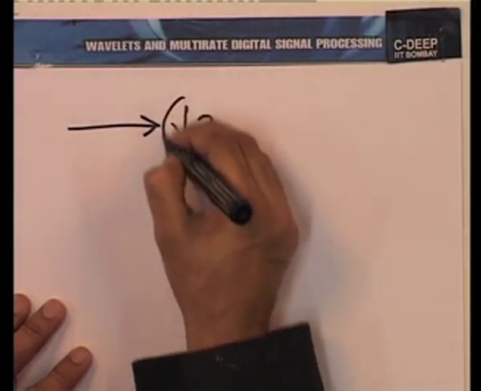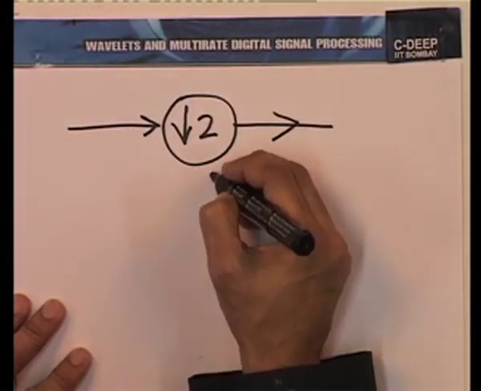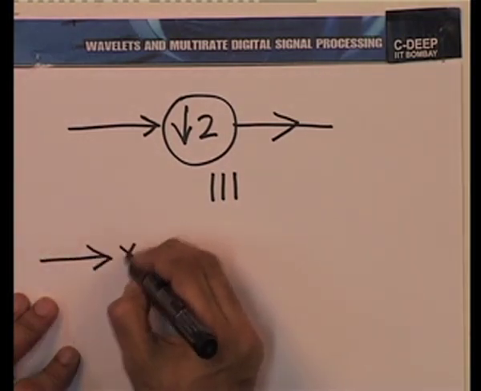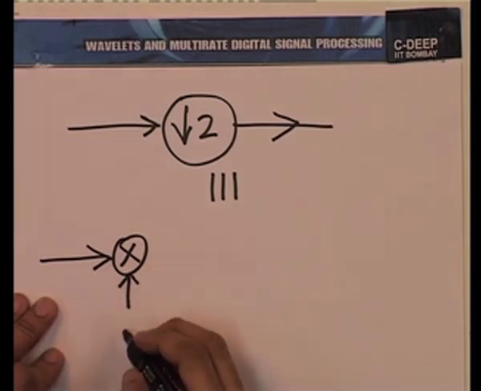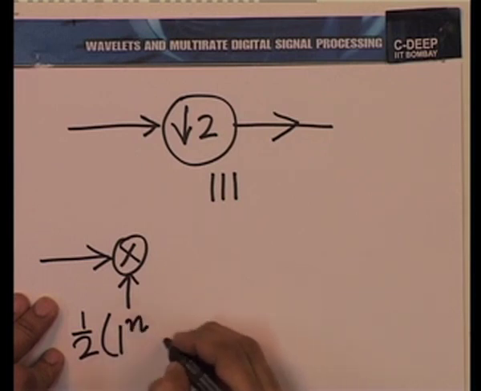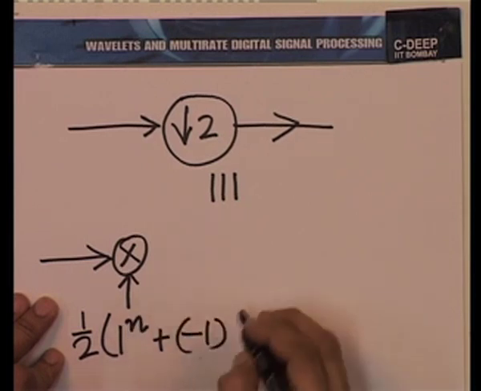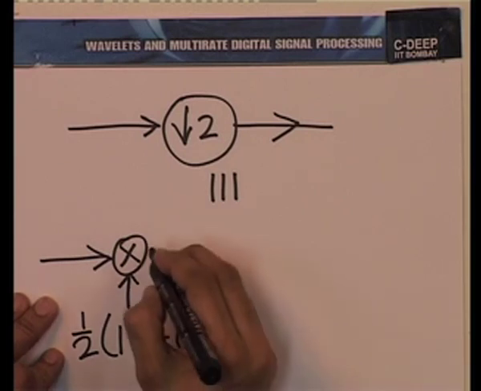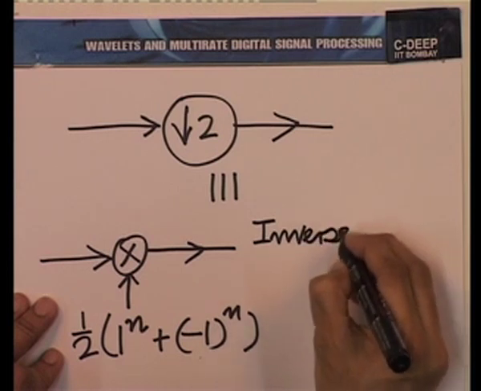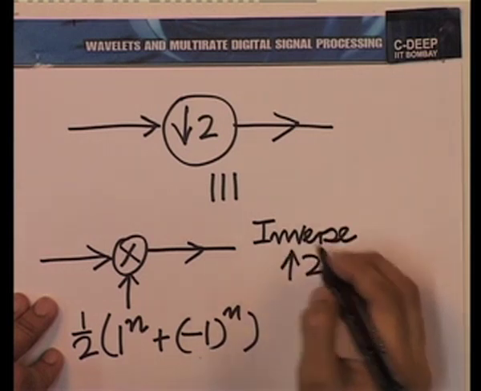So, we had agreed that this operation of downsampling by 2 can be split into modulation with half times 1 plus minus 1 raised to the power n first, followed by inverse upsampling by 2.